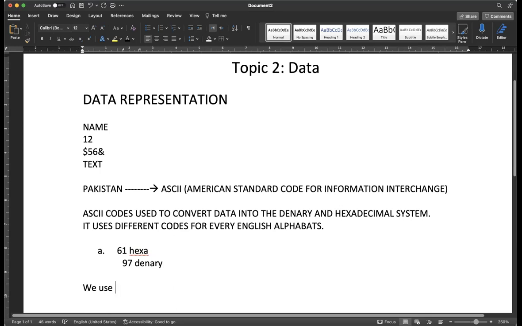We use the percentage sign with hexa values, right? You understand it or not?